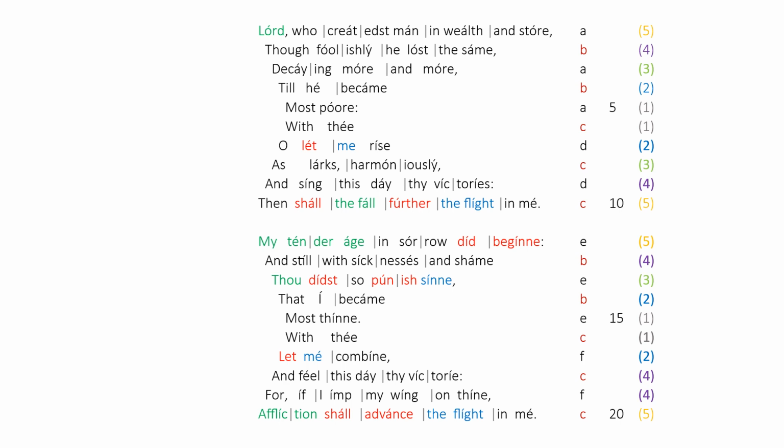It's interesting to see that in each of these wings, so there are 2 pairs of wings, right? We have the first pair on one page and the second pair on the other page. These wings are actually descending down to most poor in the top set here and most thin in the bottom set there.